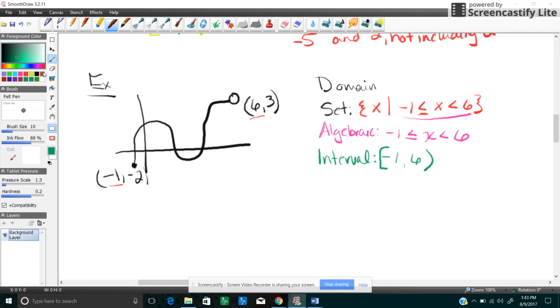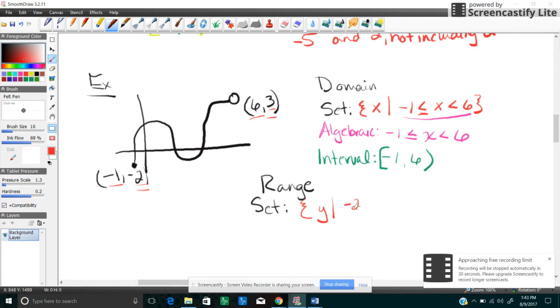Okay. For the range, same concept, but now we're going to talk about the y values because, again, range is y. So for my set notation, I make sure I put my little curly braces, y such that, and I'm going to look at the other values. So I'll go ahead and do 2 lines for that. So -2 and 3.